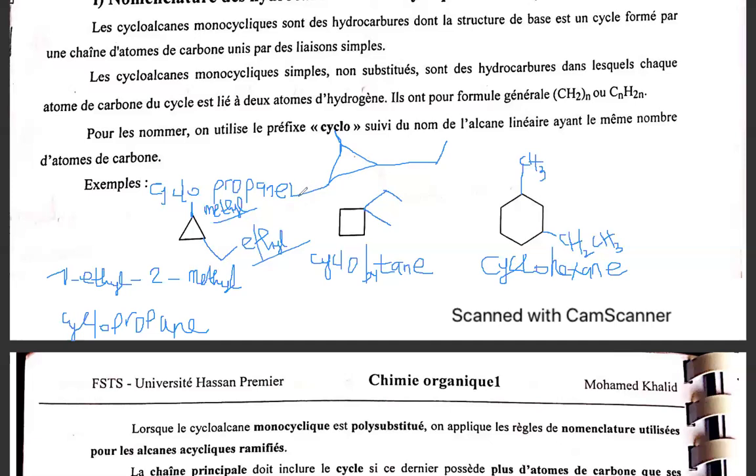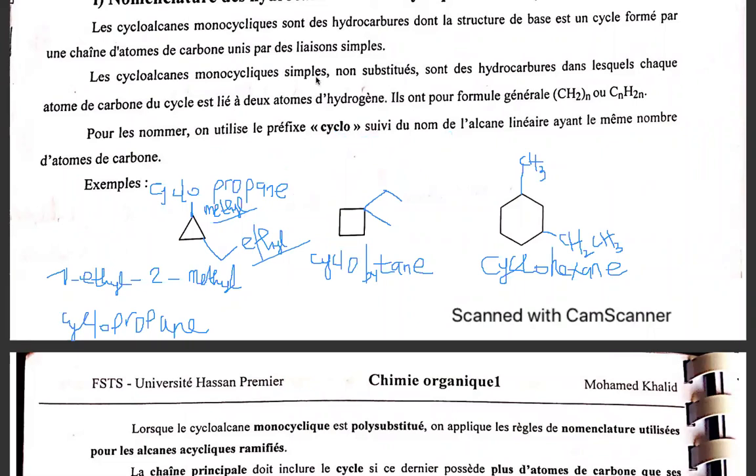When we start from here and say 1 and come to this one 2, it means we have obeyed the alphabetical order, because this is an ethyl and this is also an ethyl. If we go the other way, it will be wrong, because the ethyl is supposed to have the lowest index possible, since E comes first in the alphabet. The methyl comes at the end. So basically, what we are using here is just the alphabetical order.